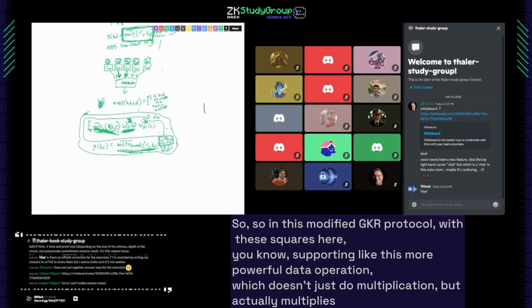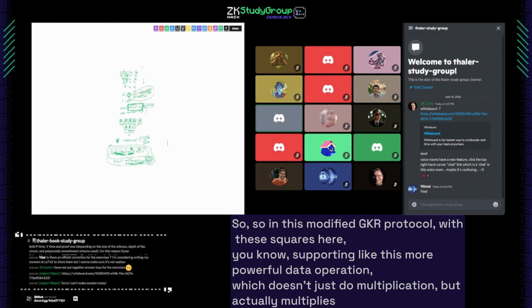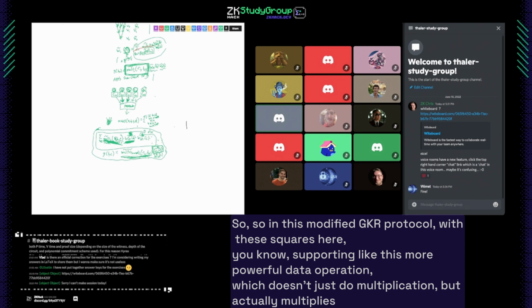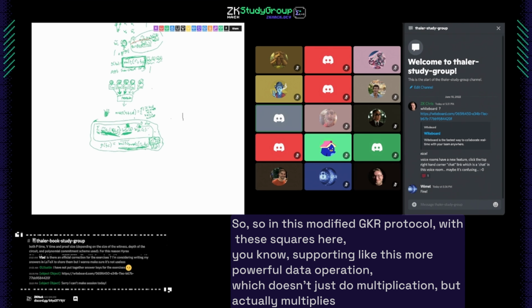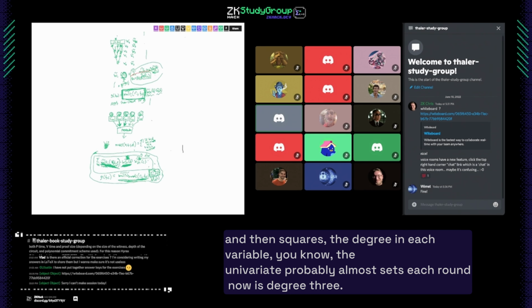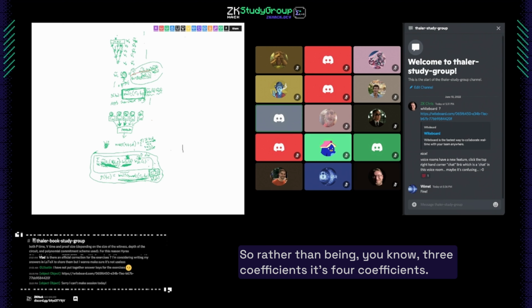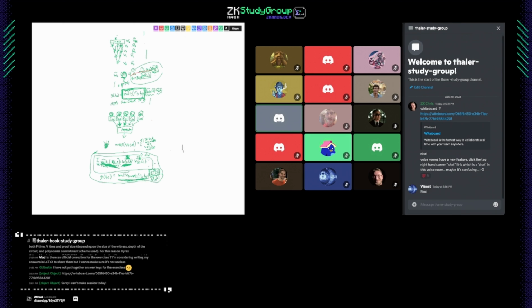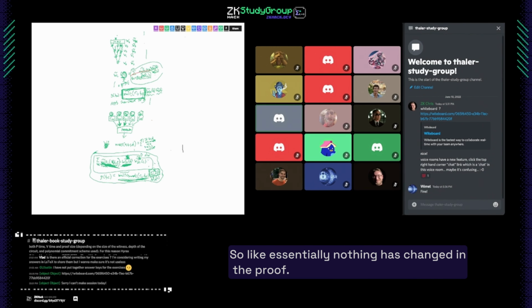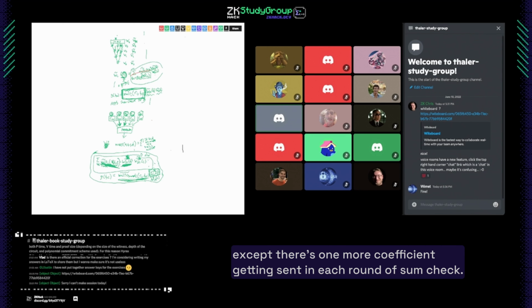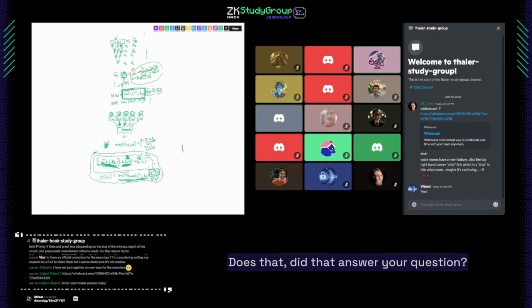Okay, so in this modified GKR protocol with these squares, supporting a more powerful gate operation, which doesn't just do multiplication, but actually multiplies and then squares, the univariate polynomial sent in each round is now degree 3. So rather than 3 coefficients, it's 4 coefficients. Essentially nothing has changed in the proof, except there's 1 more coefficient getting sent in each round of sum check. Did that answer your question?